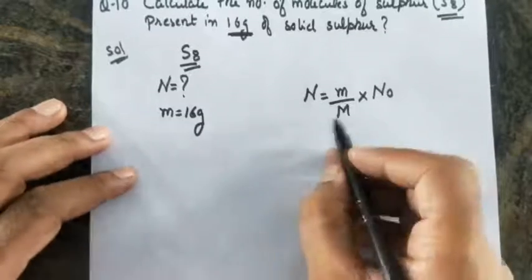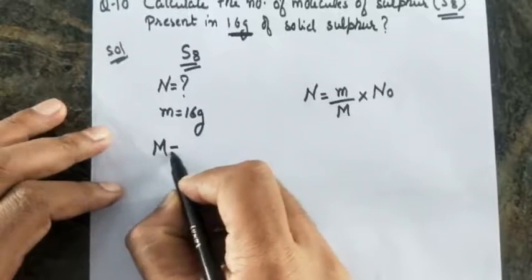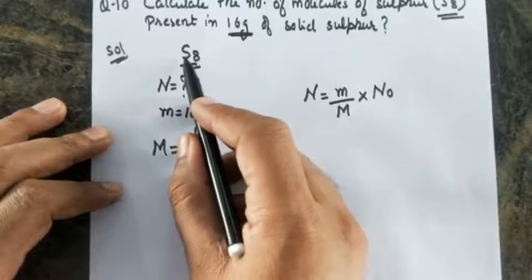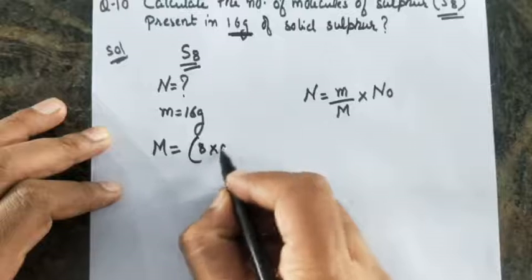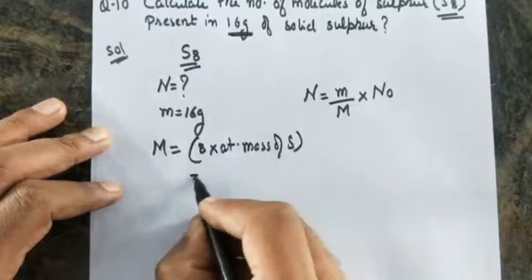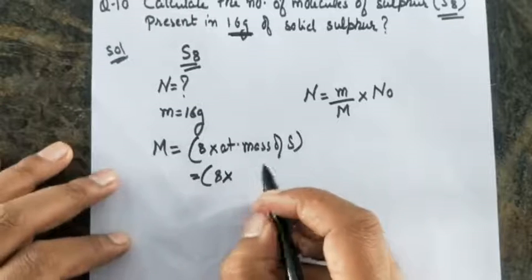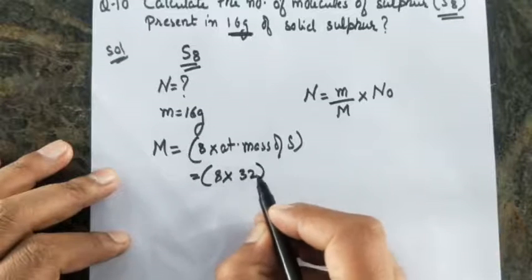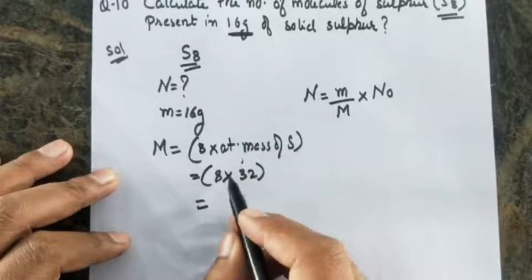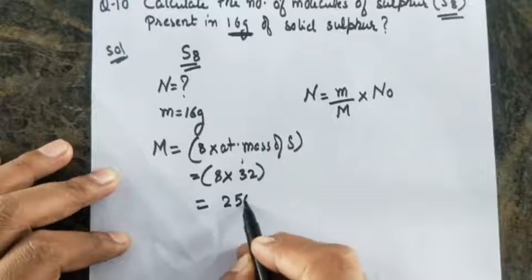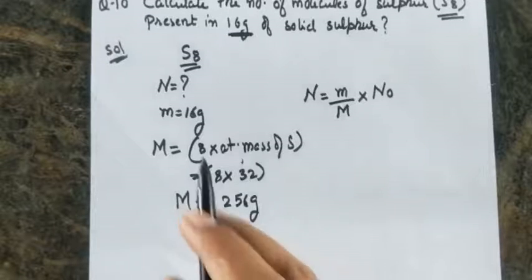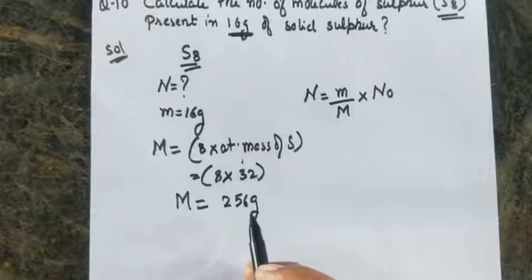Therefore, first of all, we have to calculate the molar mass of sulfur. So molar mass of sulfur will be equal to 8 into atomic mass of sulfur. Atomic mass of sulfur is 32. Therefore, on calculating, it comes out to be equal to 256 grams, which means molar mass of sulfur is 256 grams.